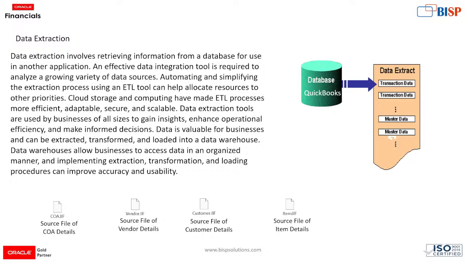So let's open one or two raw files. Out here you can see that is COA, which is an IIF extension file that has been extracted from the source, that is QuickBooks, right?